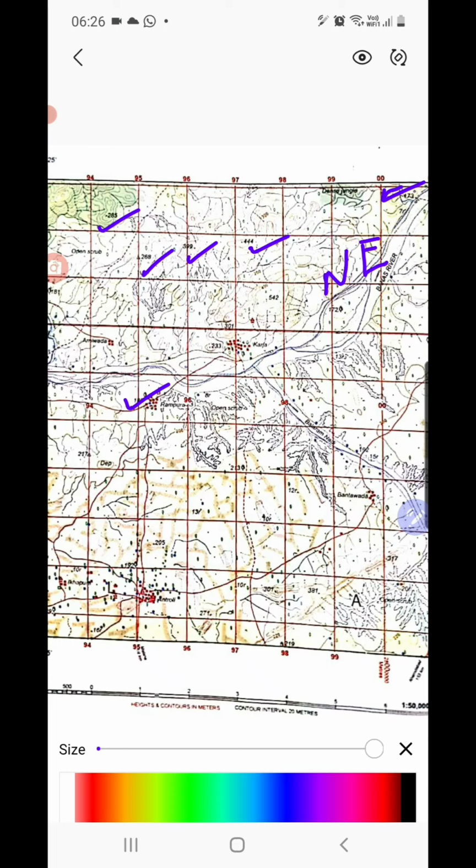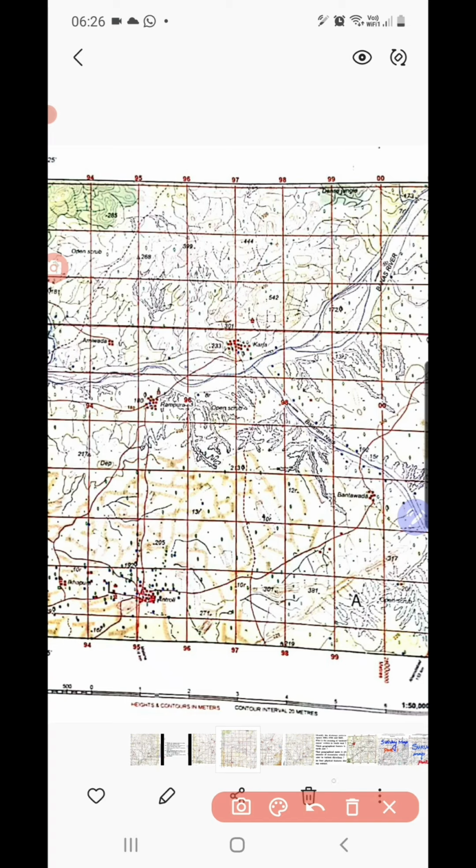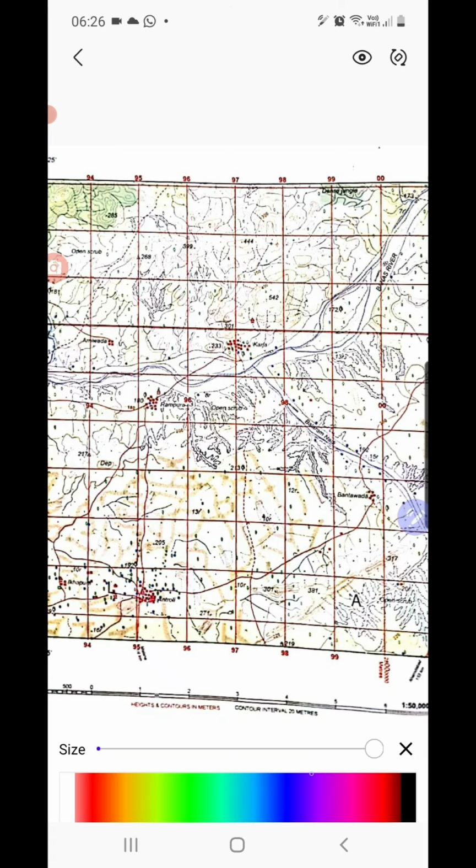Otherwise you can write in symbol from actually east to west. Slope of the land is from east to west. Then what is the direction of the river? What is the direction of the flow of the river?